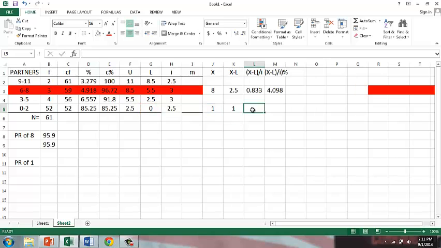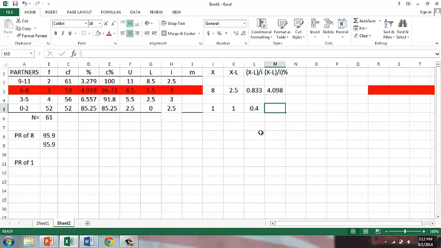Then we divide by the interval size. So we type equals the previous expression divided by H5, the cell that contains the interval size.